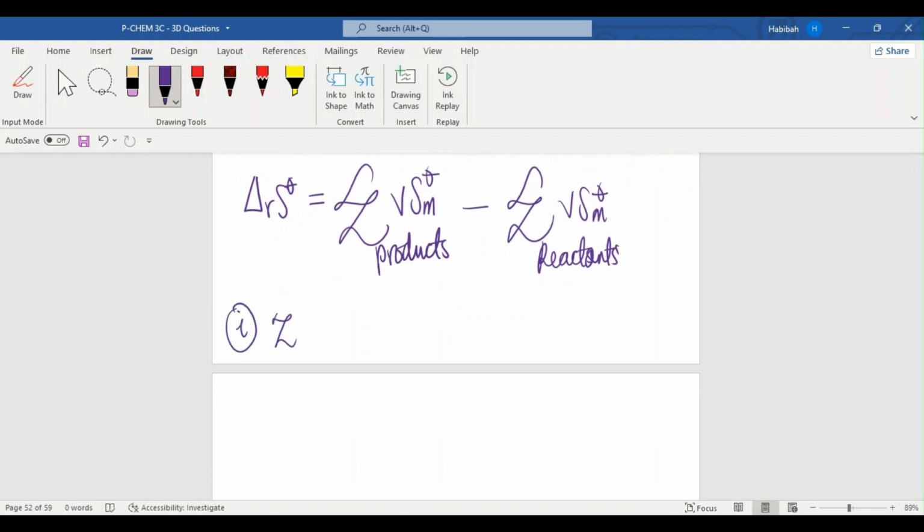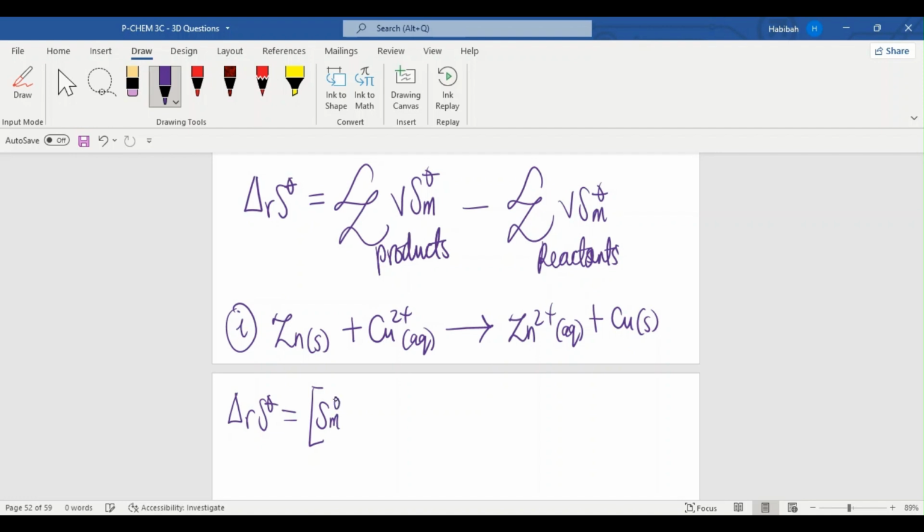We're told that Zn solid plus Cu2+ aqueous would give you Zn2+ aqueous plus Cu solid. Now we can apply what we know. The standard reaction entropy is simply the molar entropy of the products.